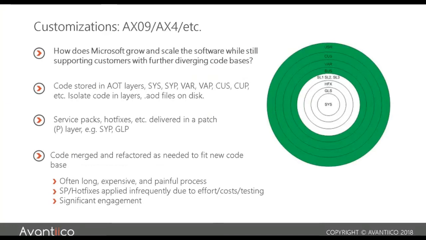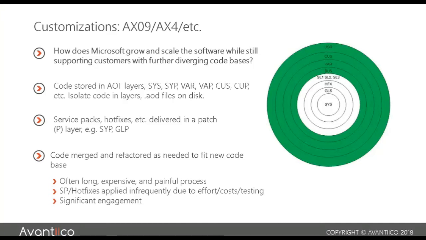In 2009 and 4.0 and 3.0, since the very beginning of AX, you can customize the system. Microsoft would deliver the code in a layer, a SYS layer, for example, and you would then overlay your code on top of that. So if you modified the customer screen, your customization would literally sit on top of Microsoft's code.